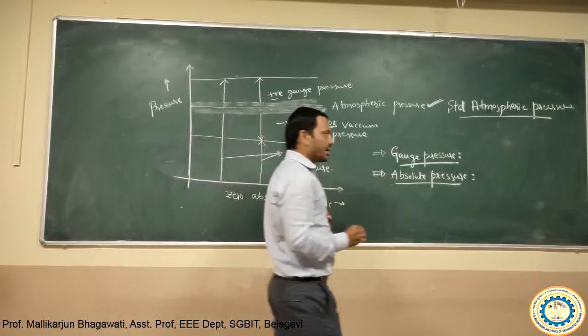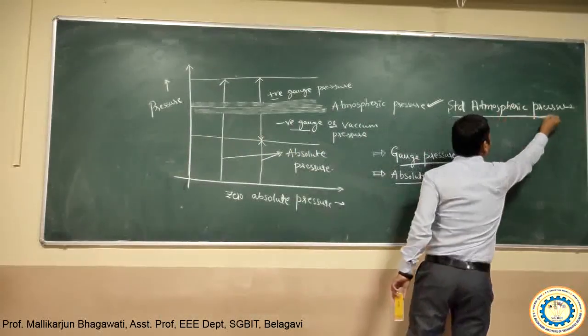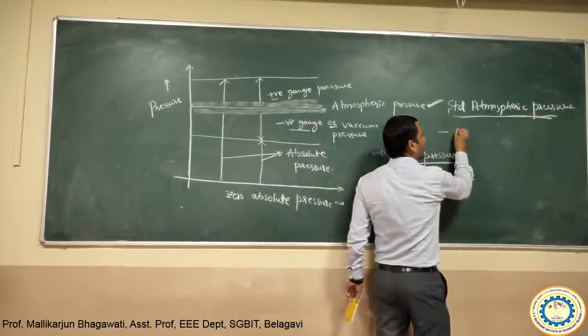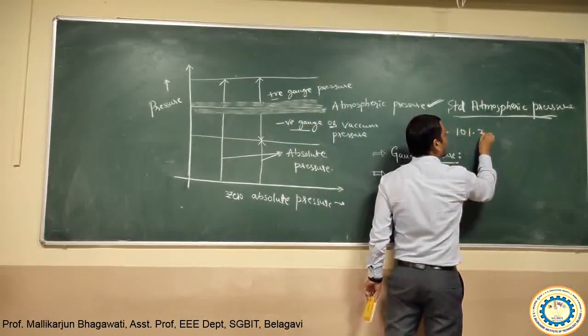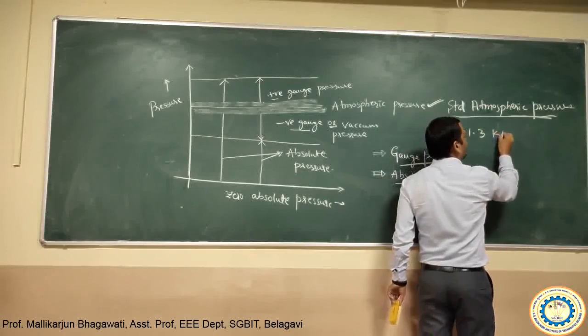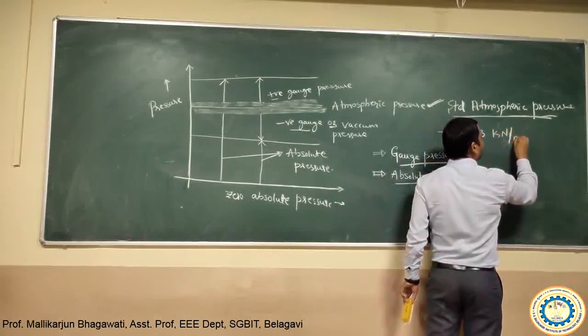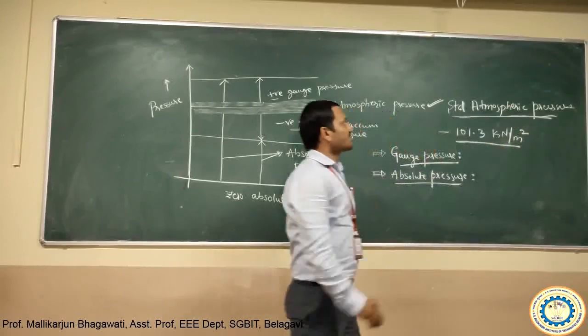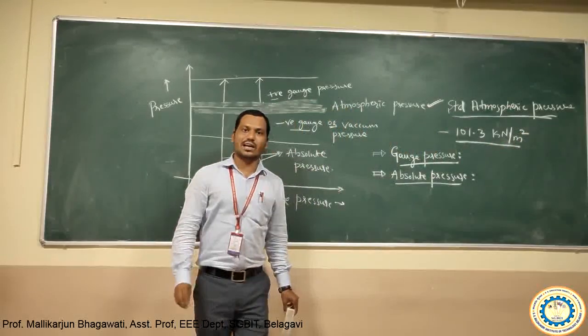Its value is 101.3 kilonewton per meter square. This is the standard atmospheric pressure at sea level.